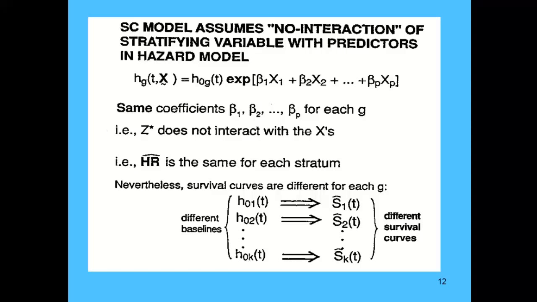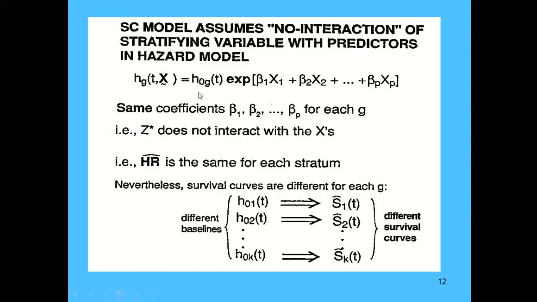But does that mean that when you start plotting survival curves, they're all going to be the same for males and females? And the answer is no. Why are the survival curves still likely to be different, even if the hazard ratios are going to be the same regardless of the variables you're stratifying on? The reason is because of this part of the model.